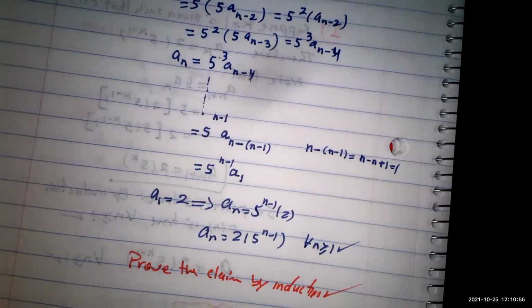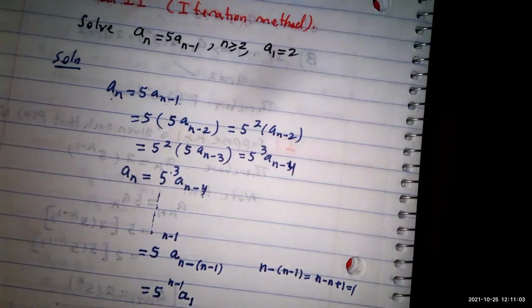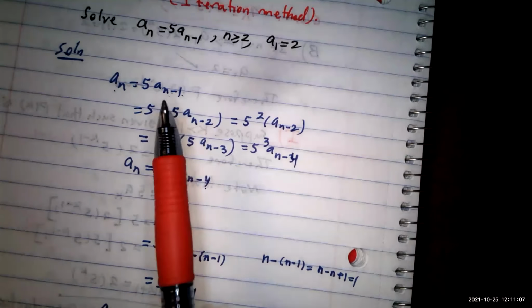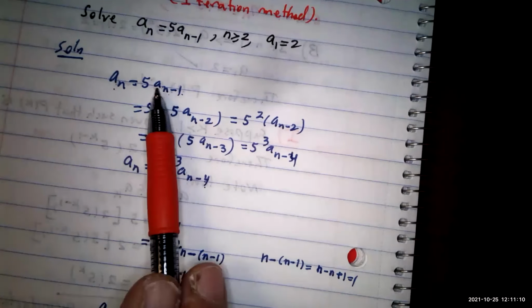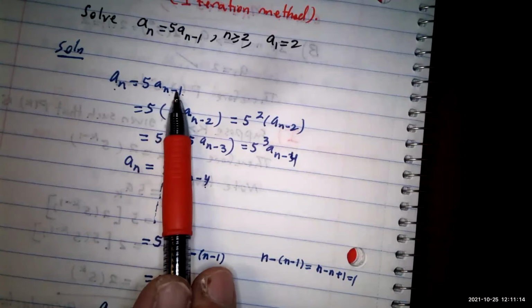Yes, question, Edgar? Can you explain the part where it goes from 5 squared times a_{n-3}, and then it's equal to 5 to the third? You see, we start at the beginning. Each term you reduce the index by 1 unit.